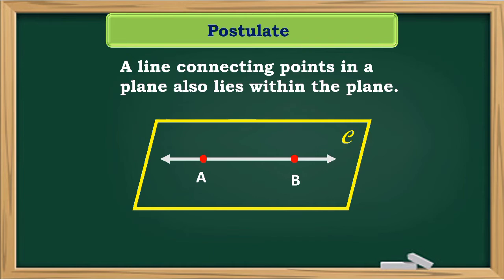Therefore, this line also lies within the plane. If we have 2 points that lie inside the plane and we draw a line connecting those 2 points, the line also lies within the plane. So line AB lies in plane C.